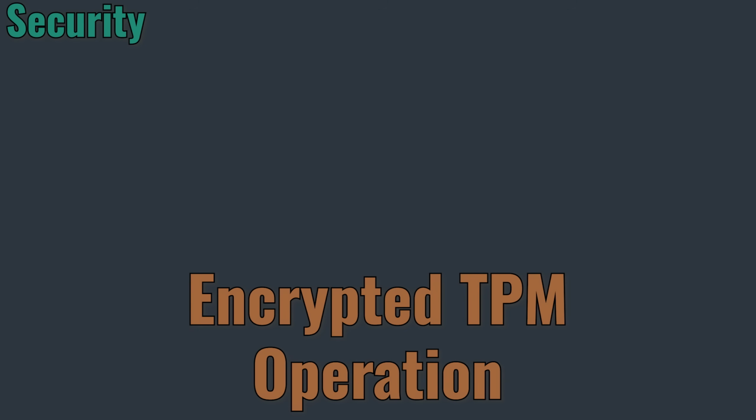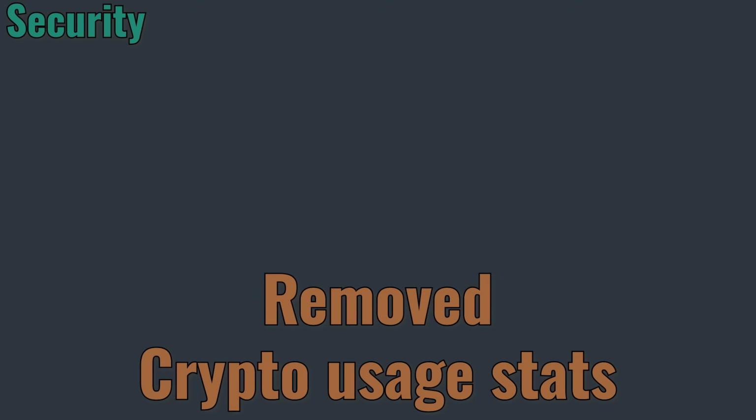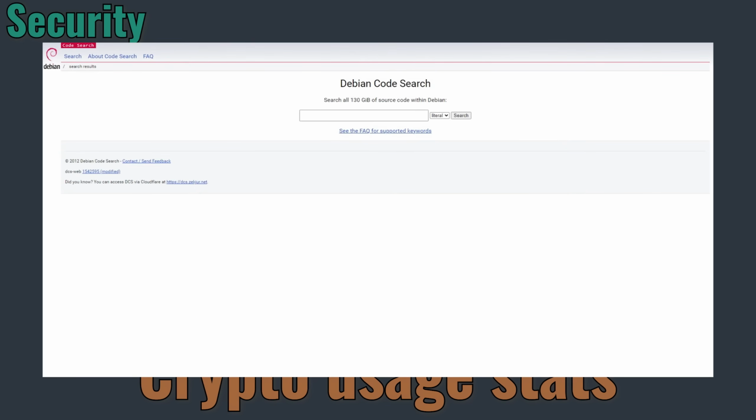I find it awesome. Now, they've also removed the crypto usage statistic. They found out that nobody was using it, and it was kind of reducing the performance a little tiny bit. Now, how did they manage to see that nobody was using this function? Well, somebody actually went through the sources of all the Debian packages.